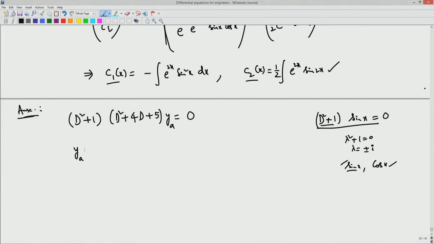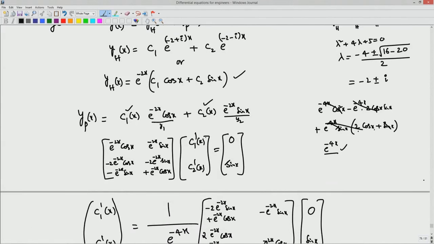The solution of this is a higher order equation whose solution you can easily see. So, what are the solutions here? We know our solution is C1 e power minus 2x cos x plus C2 e power minus 2x sin x. These are the two linearly independent solutions that we have already seen, y1 and y2.